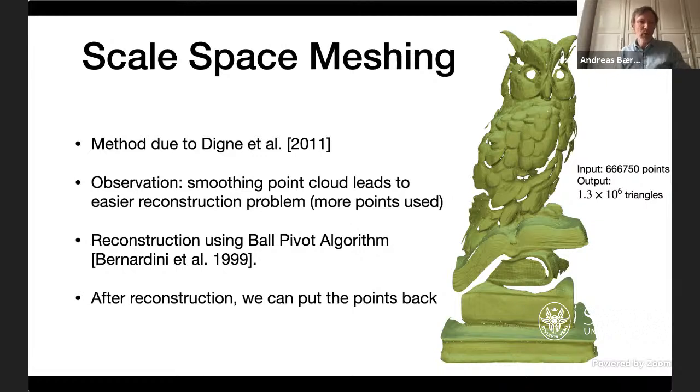But one important point about the method, though, is that once we've used the smooth point cloud to do the reconstruction, we put the points back. So this method doesn't change the position in space of the points. The final mesh contains the points where they were originally at.